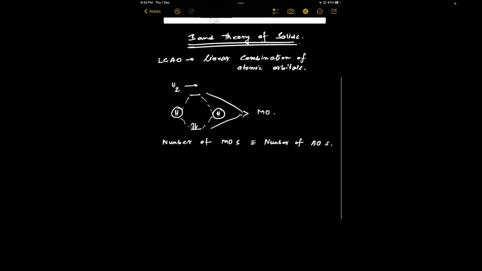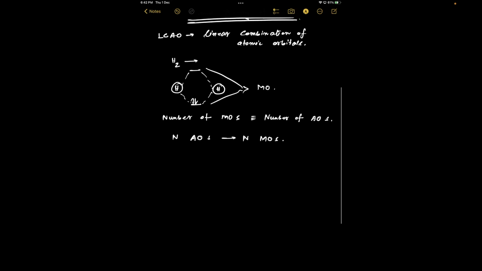So in the case of solids, n atomic orbitals, where n is very large, will overlap with each other and form n molecular orbitals.